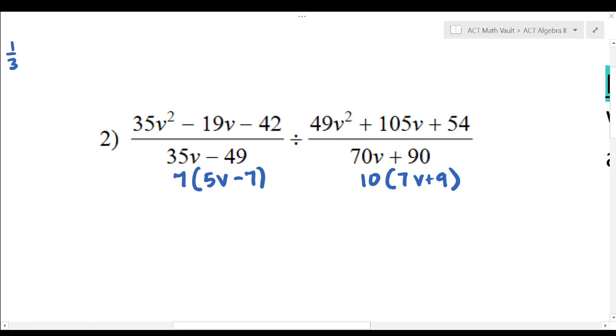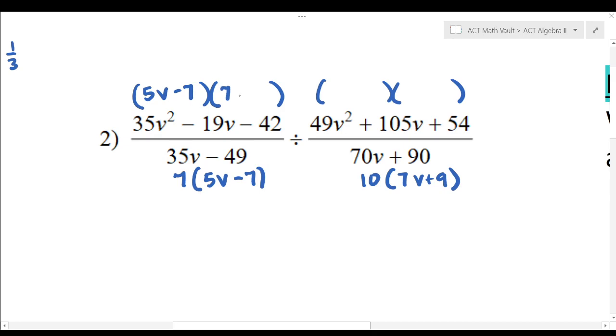Then I might try, because I know the nature of these problems is that factors will cancel really nicely, to use some of those with my factorization of the numerators. So I'm going to try this 5v minus 7 and see what would be left over.